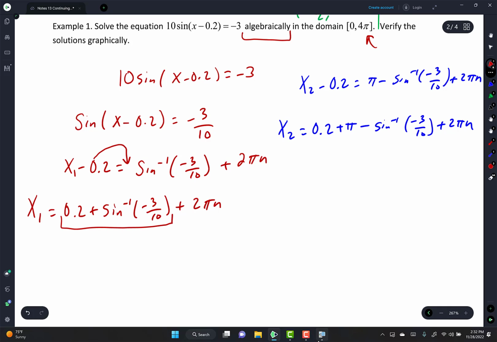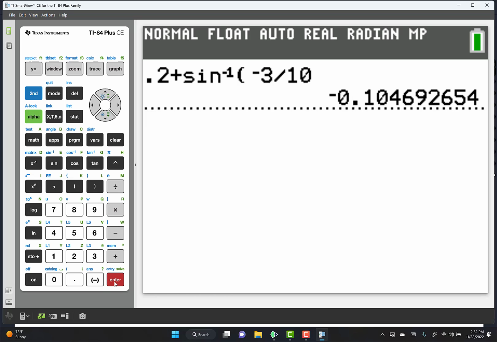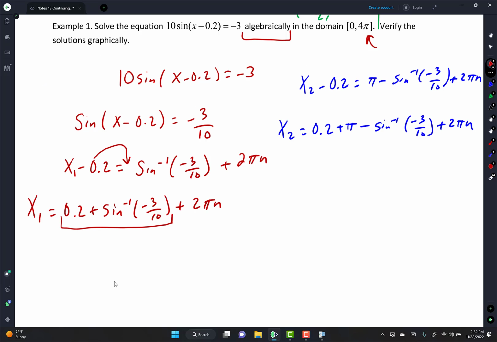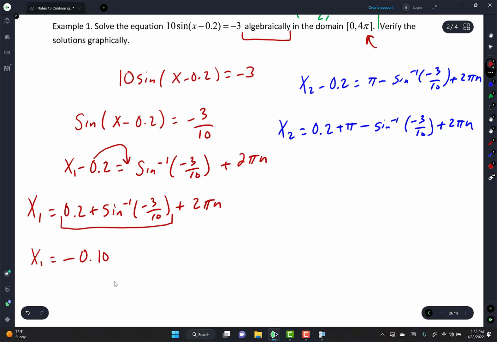And I get negative 0.10469. x1 equals negative 0.10469 plus 2 pi n.